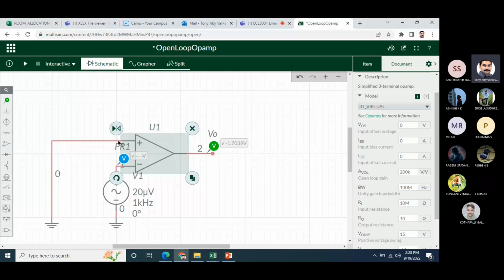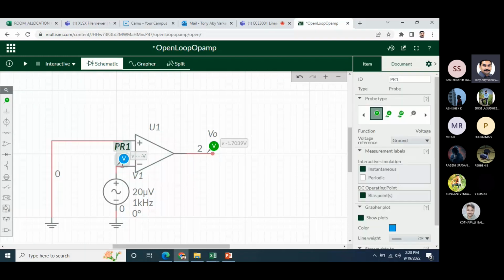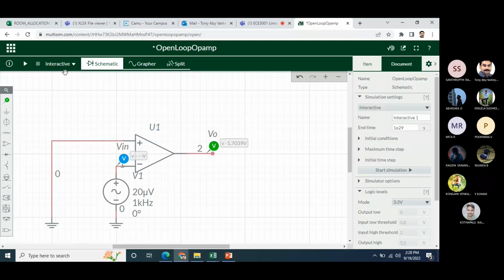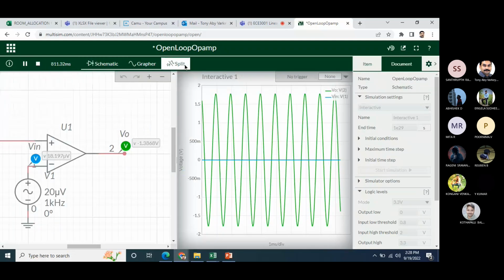But seeing them together will be difficult because one is a very small voltage and one is a high voltage. Anyway, we will connect like this. So this is V in. Now if I simulate both, you will be able to see.